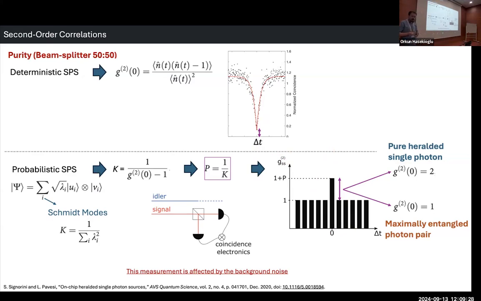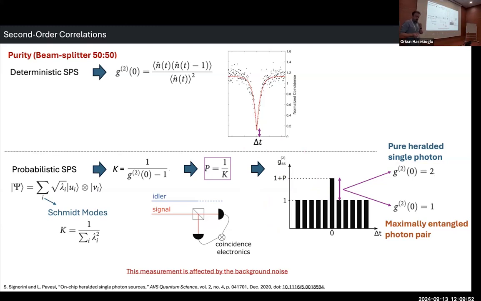But if it's close to 1, then it's maximally entangled in length. You can easily generate maximal length photon pairs. And what happens if you see larger than 2? Is it possible? Well, it's quite possible, and it's another homework. I want you to check a little bit about it, okay?